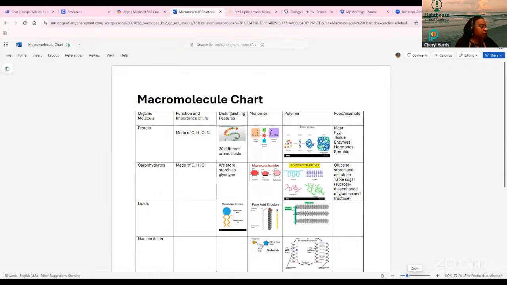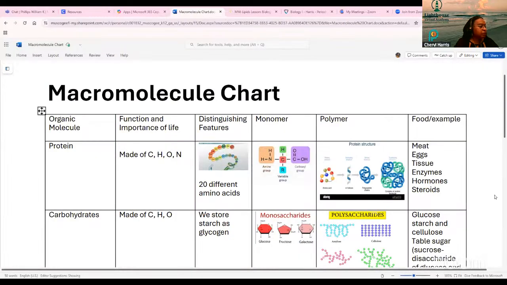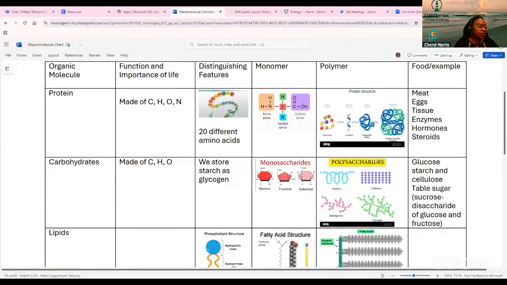I know this is the group that gets a little flustered about this chart. Everybody should have the same pictures on the chart. You need to have filled in these first two columns with information from either the videos we've watched or from Canvas.